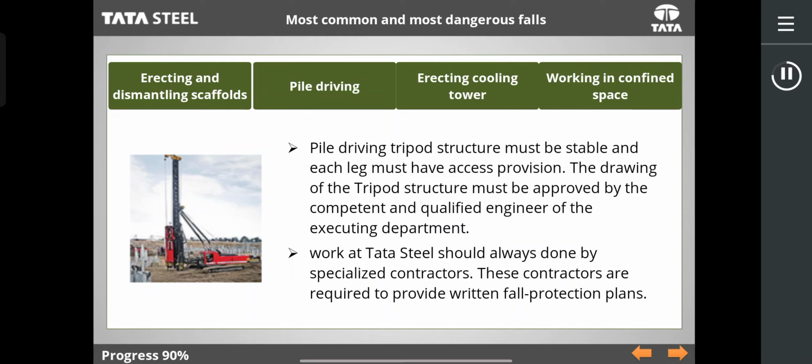Pile driving tripod structure must be stable and each leg must have access provision. The drawing of the tripod structure must be approved by the competent and qualified engineer of the executing department. The executing department refers to the department which has engaged their engineers to carry out and supervise the job.